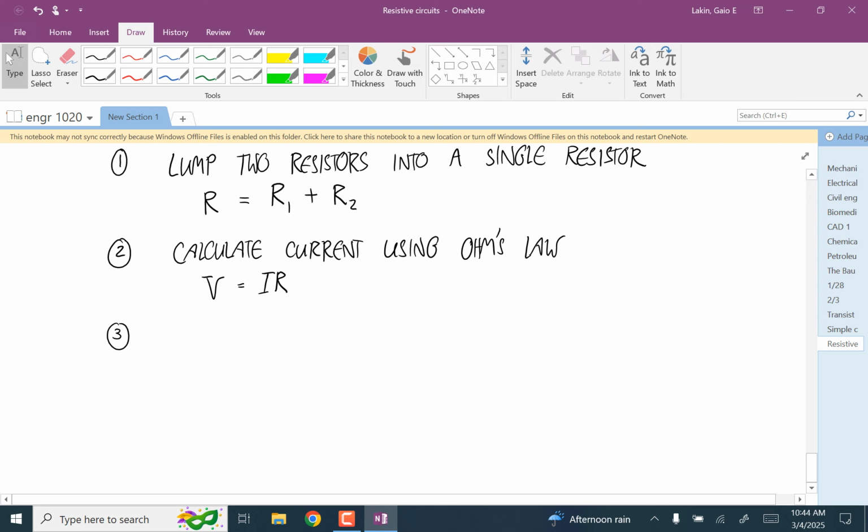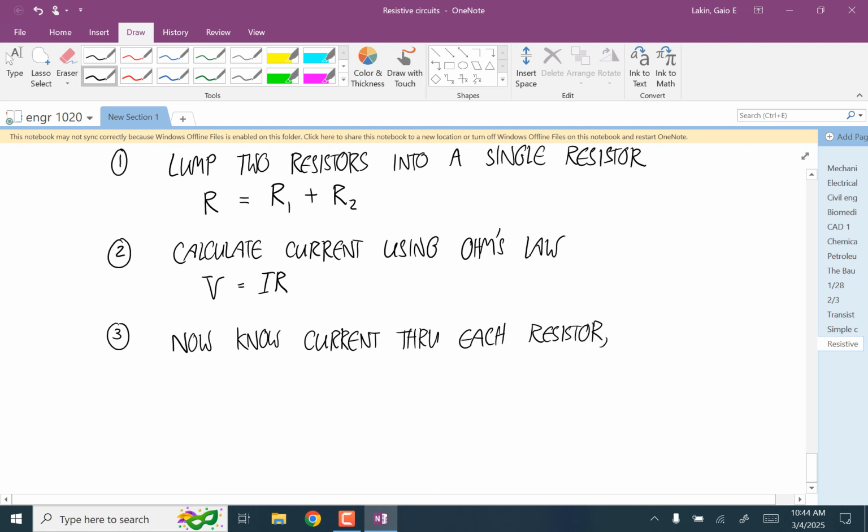So now we know the current through each one of those resistors. Then use Ohm's law again to calculate the voltage across each individual resistor.